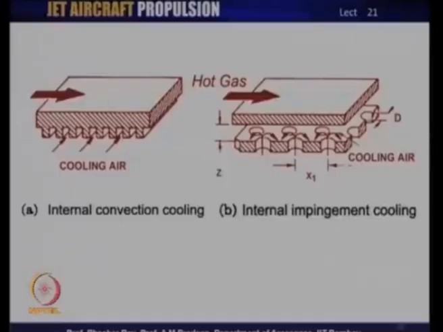There is a continuous heat flux across the plate taken away by the cold air, and as a result this hot plate is said to be continuously cooled by this internal cooling air convection. So, the convection of cold air inside of the hot plate provides a continuous cooling mechanism to this plate, which is getting heated by the hot gas.